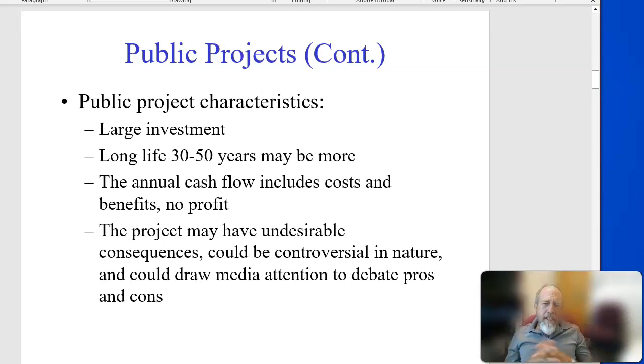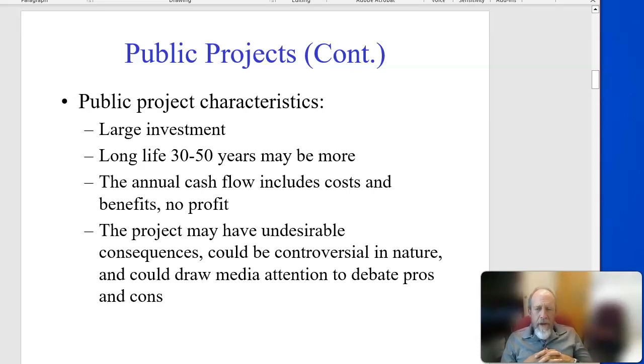Now, some characteristics of these projects. Usually they're pretty big. You know, you're talking big money. They last a long time, 30 to 50 years, hundreds of years, whatever. In the cash flow, there will be benefits. The benefits can be put in terms of dollars, but there might not be any profit.